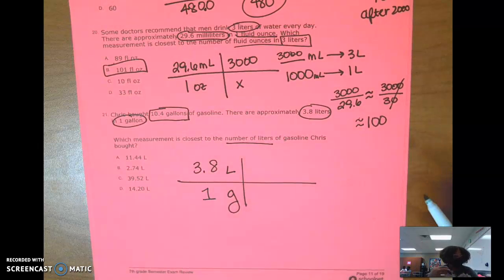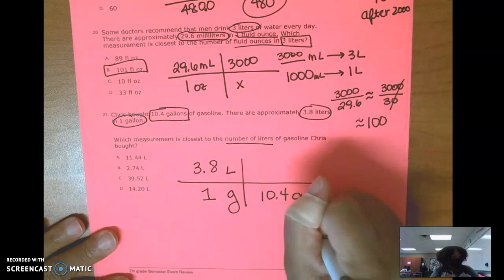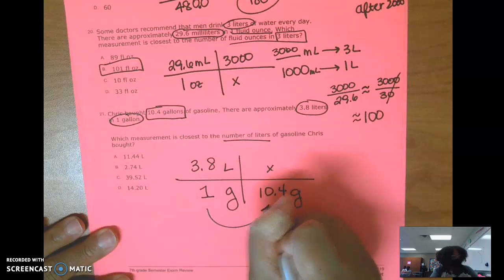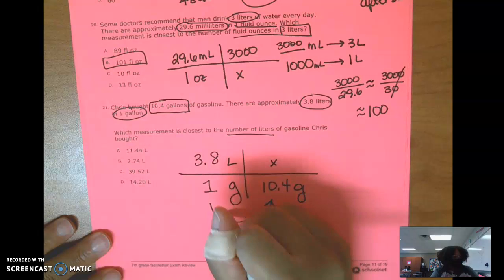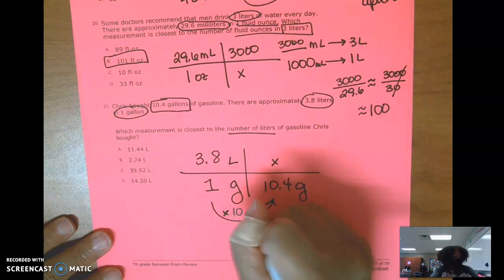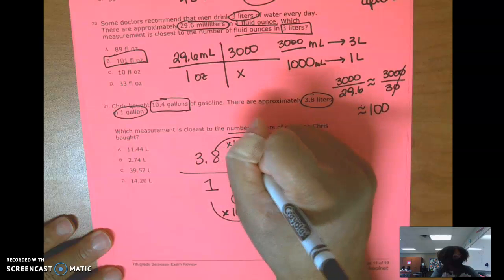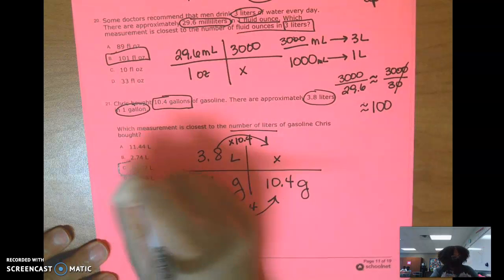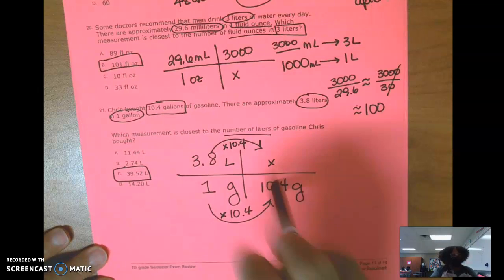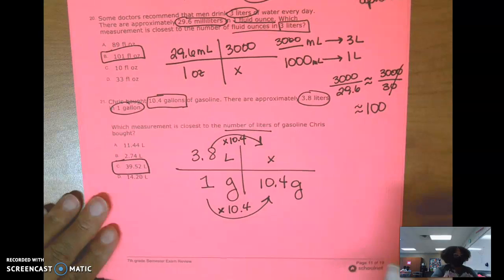How many other gallons do they give me? 10.4. How do I get from 1 to about 10.4? Multiplication. So how do I get from 3.8 to my answer here? Multiply by 10.4. What answer is about 10 times about 3.8? 39. Good. Have I had to do any real mathematics on paper in the last two problems? No, it's been mental.